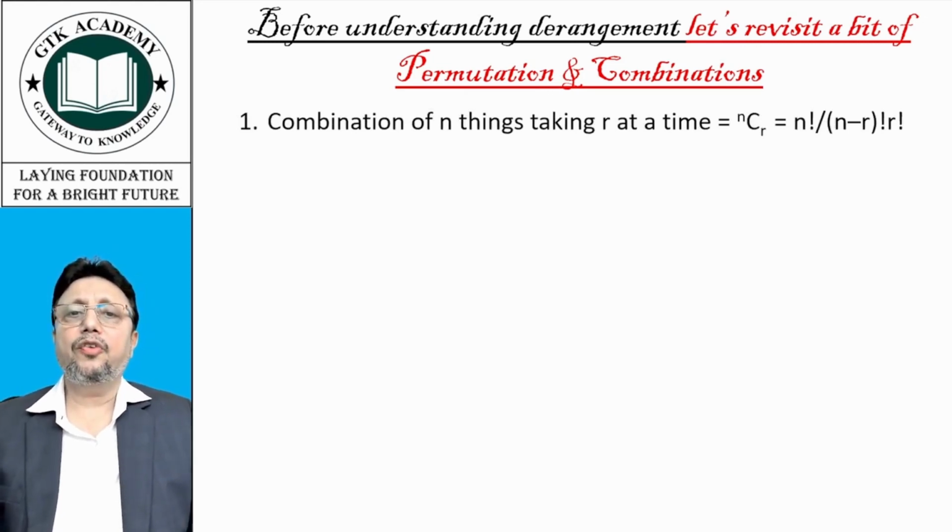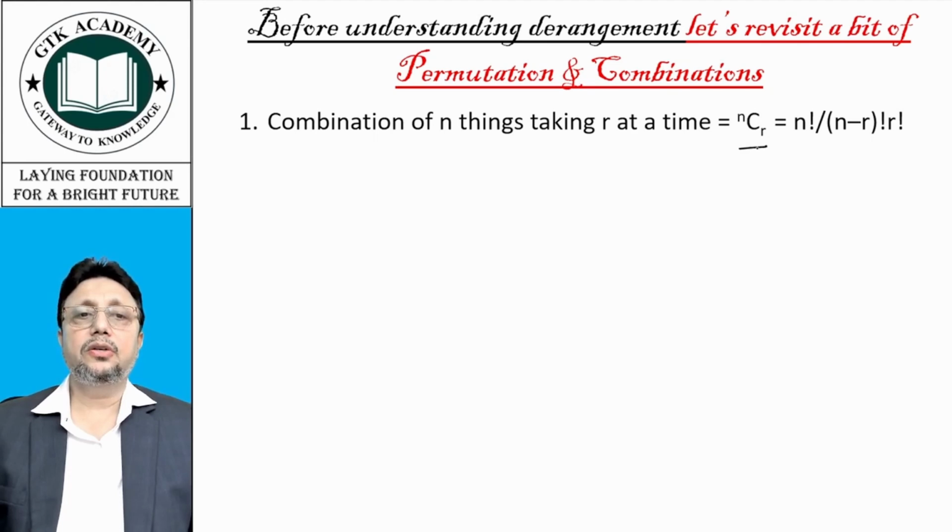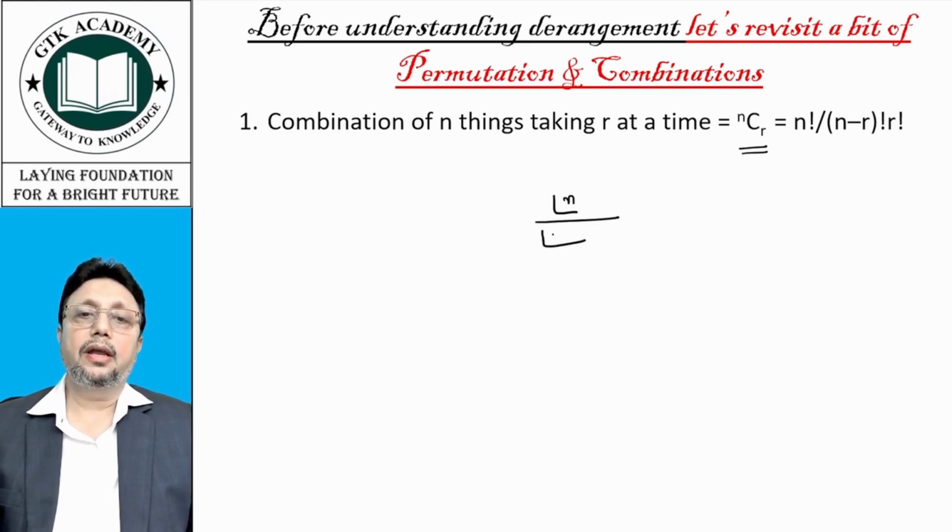Now, combination of n things taking r at a time is denoted by nCr, and that is equal to factorial n upon factorial n minus r times factorial r. You must be knowing factorial. For example, factorial 5 means 5 into 4 into 3 into 2 into 1.